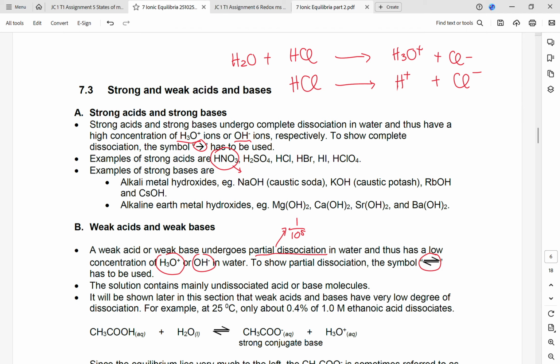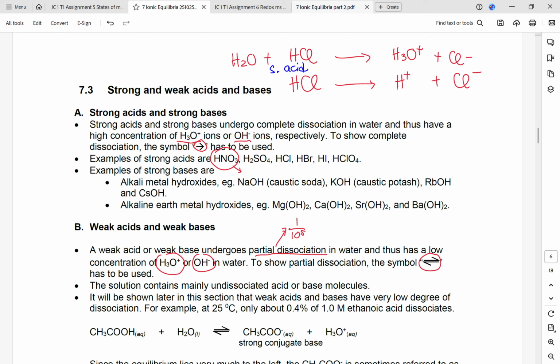They're the same thing. Now, my question is, HCl is obviously the acid, and it is a strong acid. Now, which one is the conjugate base?